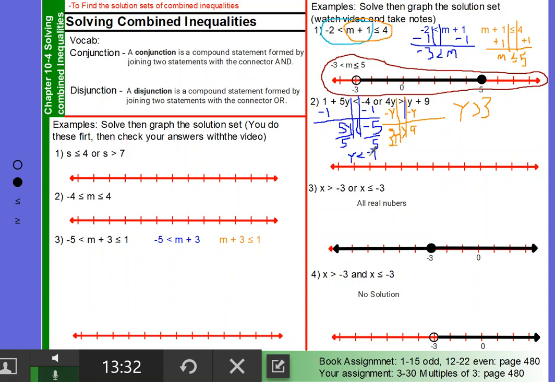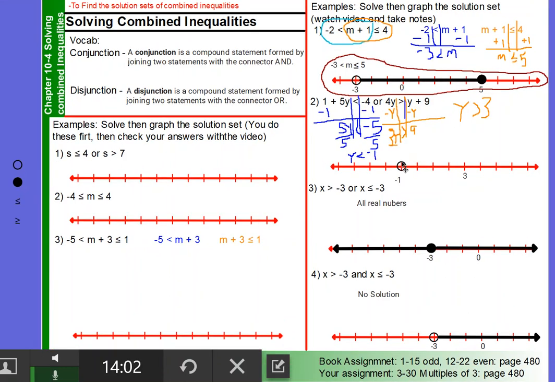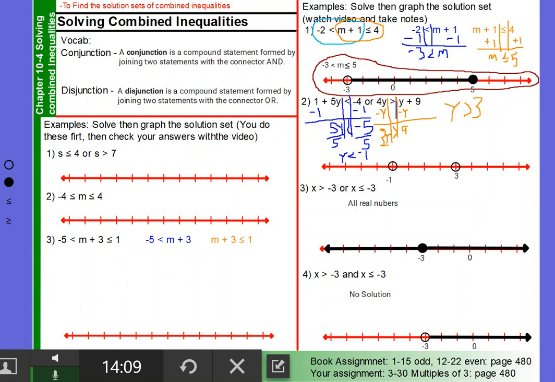So we're going to be dealing with two open dots because neither of these can be equal. So let's define -1 as right here. And it doesn't matter which little mark I use for -1. So that makes this 0, 1, 2, and 3. All right. And so now we're going to need another open dot at 3. And now let's see which way we're going to have our little arrows going.